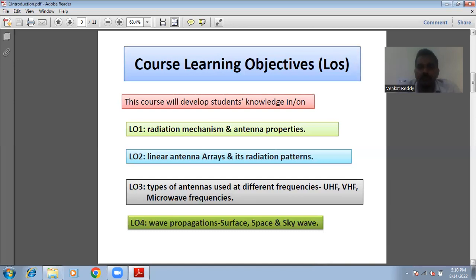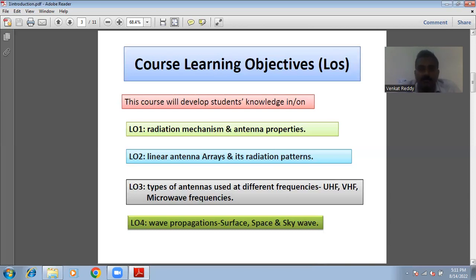As a single element is not sufficient for many applications, we have to go with antenna arrays, where a group of elements are arranged in a particular fashion, side by side or in different configurations, so that we can enhance the antenna properties. You can get the required antenna properties by going with antenna arrays.